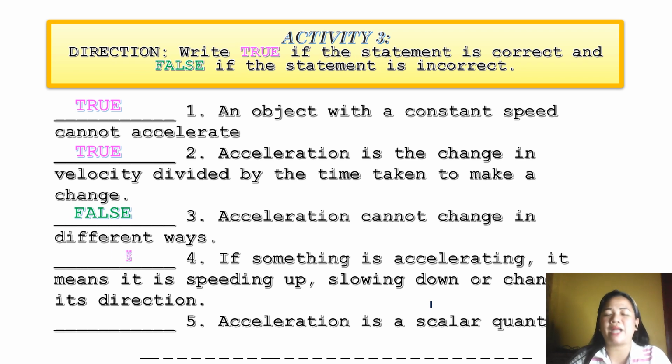What will be our answer here? Okay, it is true. Number 5. Acceleration is a scalar quantity. Is it true or false? Of course, it is false. Acceleration is not a scalar, but it is a vector quantity kasi meron siyang direction.